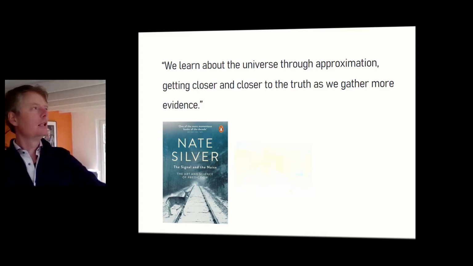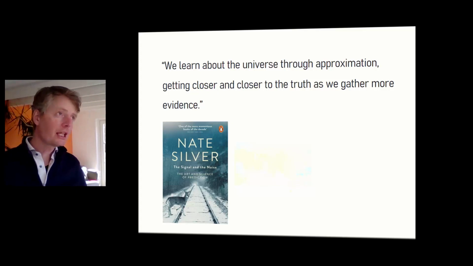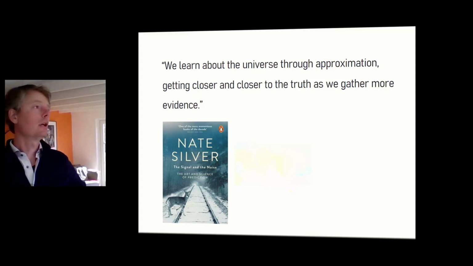For example, we wake up in the world today, we see the sun going up, and then we see it coming up tomorrow again, and we assign a higher and higher probability to the chance of the sun going up tomorrow as well.